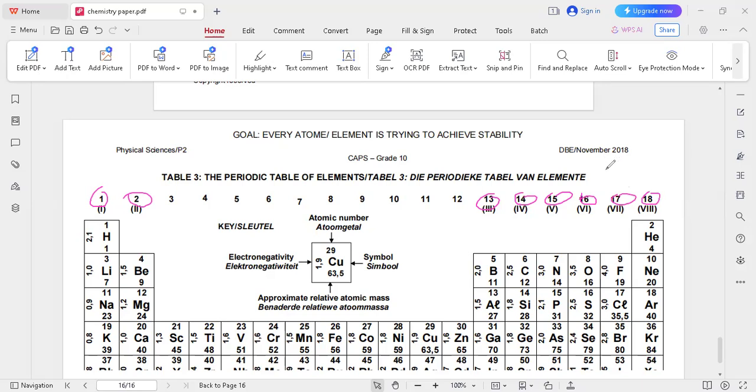The groups. Yes, the group number. Now we have group 1, group 2, group 3, group 4, group 5, group 6, group 7, group 8.